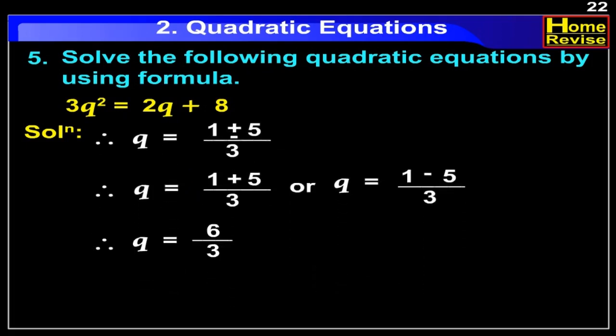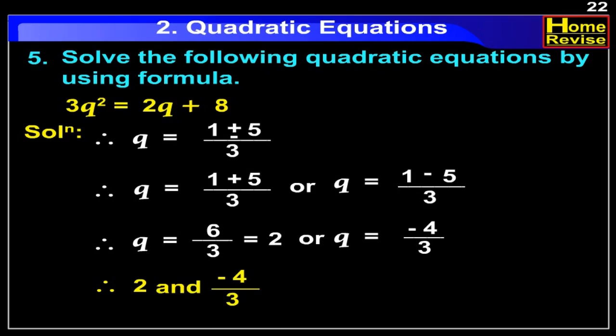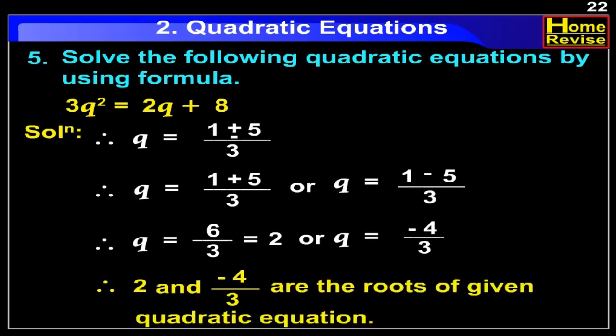Therefore, q = 6/3, which is equal to 2, or q = -4/3. Therefore, 2 and -4/3 are the roots of the given quadratic equation.